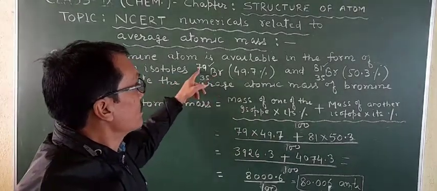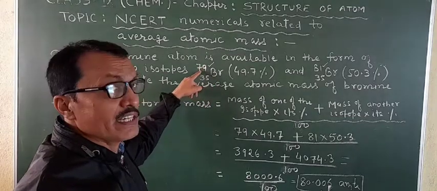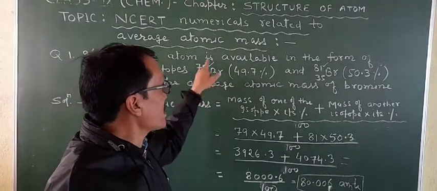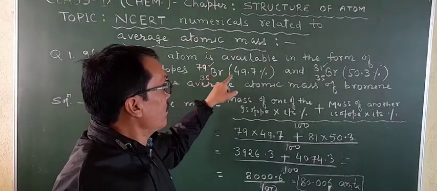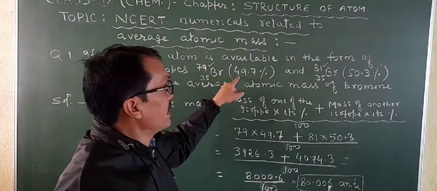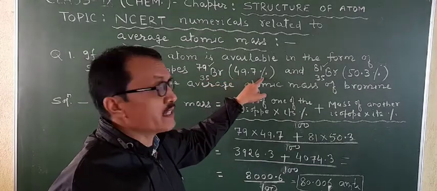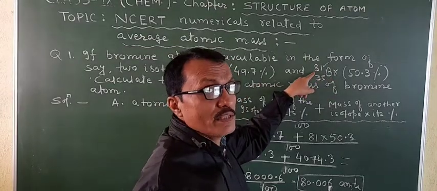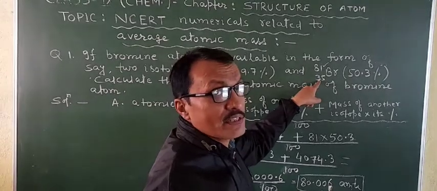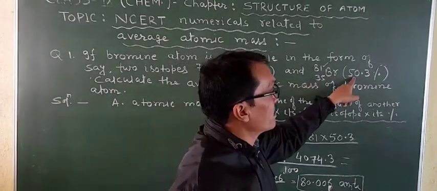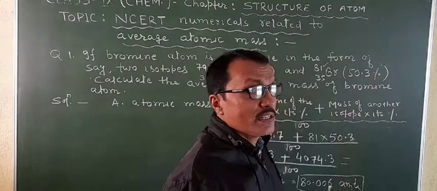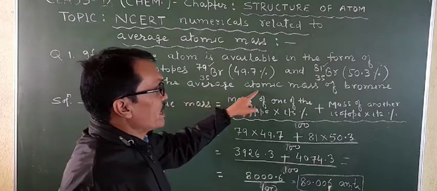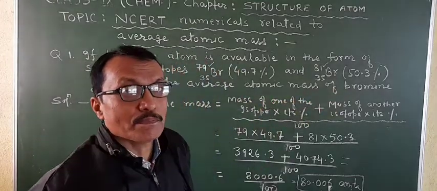One has mass 79 and atomic number 35, and is available in nature at 49.7%. Another isotope of bromine has atomic mass 81 and atomic number 35, and is available at 50.3% in nature. Calculate the average atomic mass of bromine.